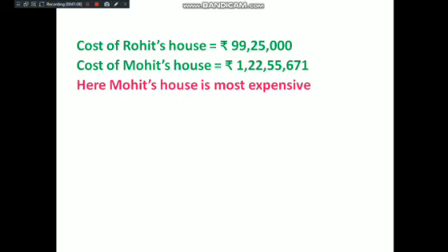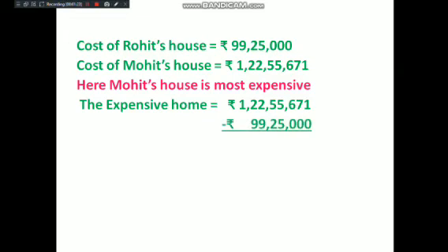Here Mohit's house is most expensive. The expensive home is equal to rupees 1,22,55,671 minus rupees 99,25,000. Here we have to subtract these two numbers.